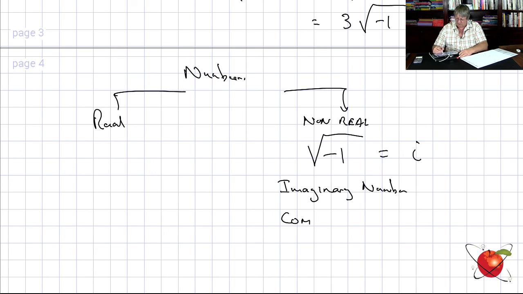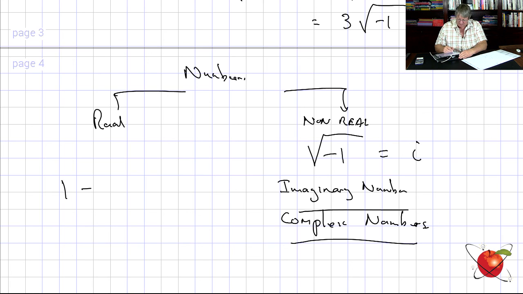Also, they fall into the complex numbers, right?